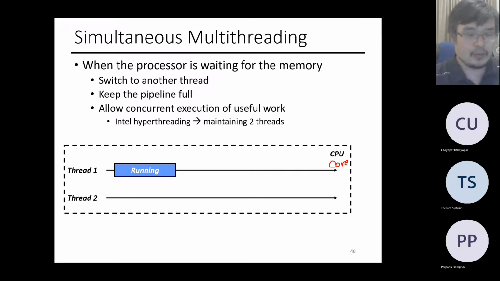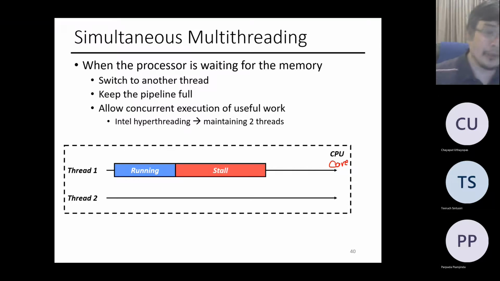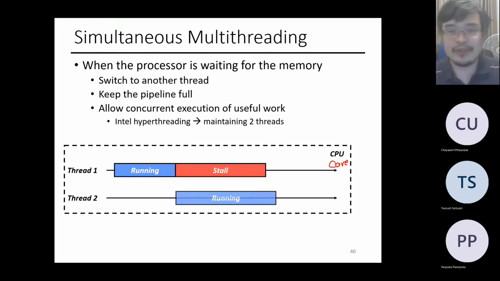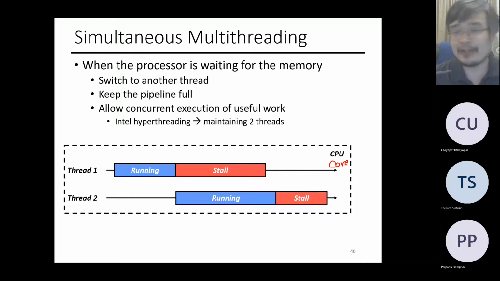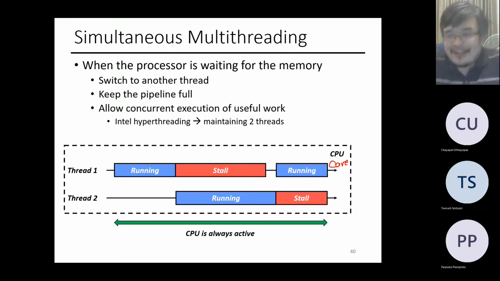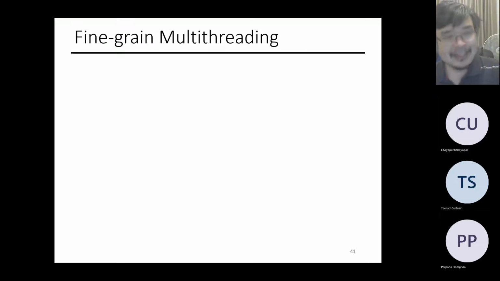Only one thread is running; when it's stalling because of a load instruction, for example waiting for data from DRAM, I switch and run the second thread. Now let's say the second thread runs into another DRAM access. I then switch back to the first thread, right? This way, the CPU is always active, running something useful. So this is simultaneous multi-threading. Usually you maintain a few contexts so that you can run 2 threads, for example, in parallel.